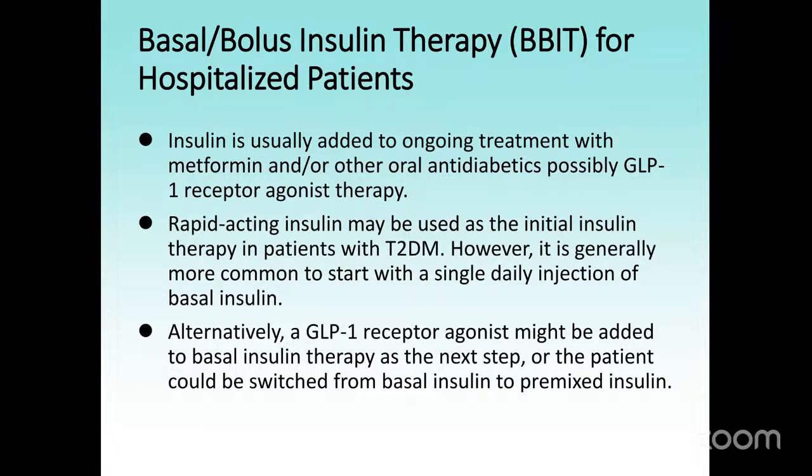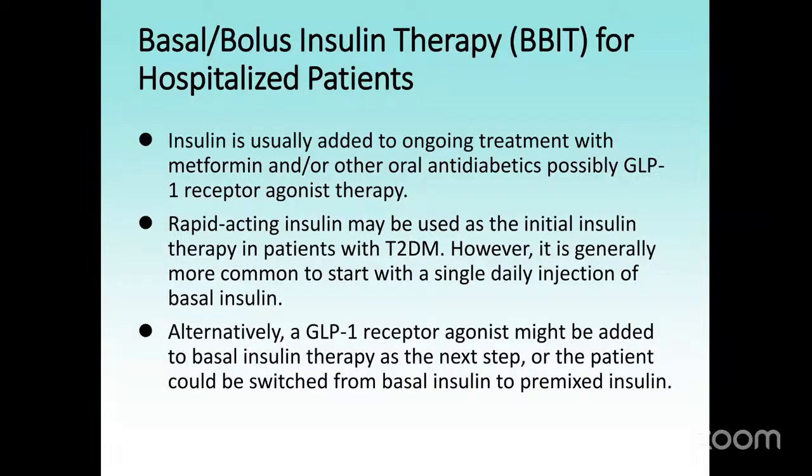Now we're going to talk about the basal bolus insulin therapy regimen, which is commonly used in hospitalized patients that require insulin. Insulin is usually added to the ongoing treatment with metformin or other oral antidiabetics, possibly GLP-1 receptor agonist therapy. Rapid-acting insulin may be used as initial insulin therapy in patients with type 2 diabetes.